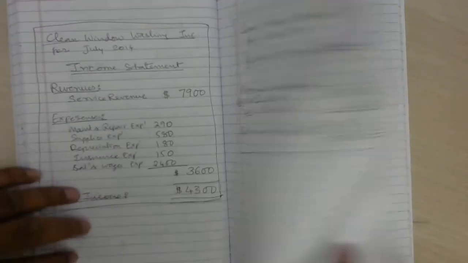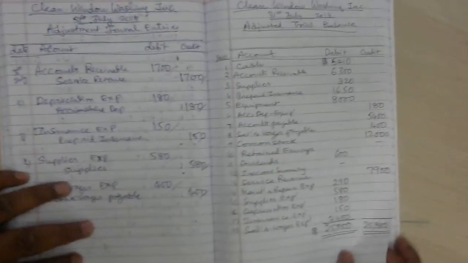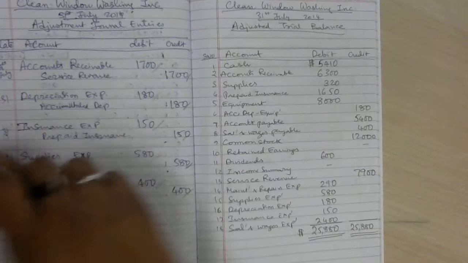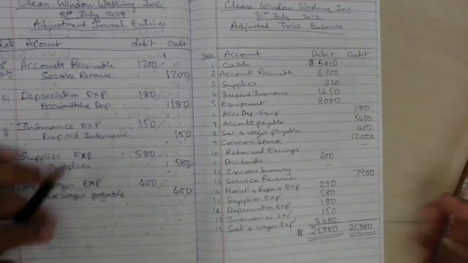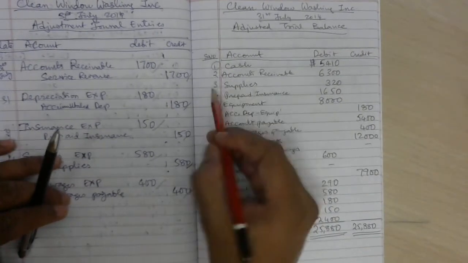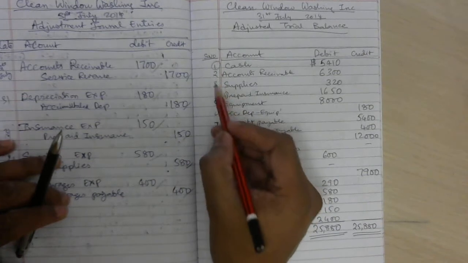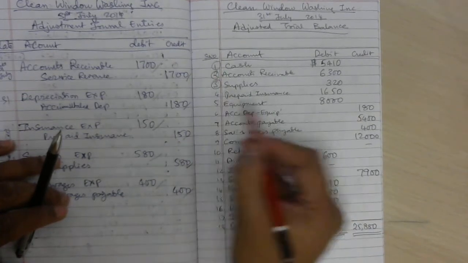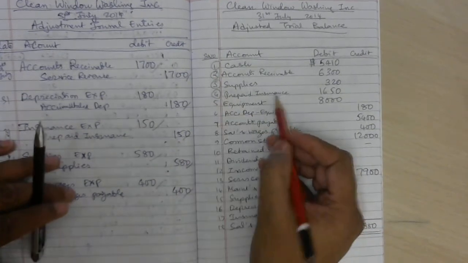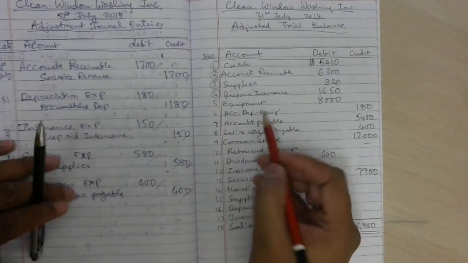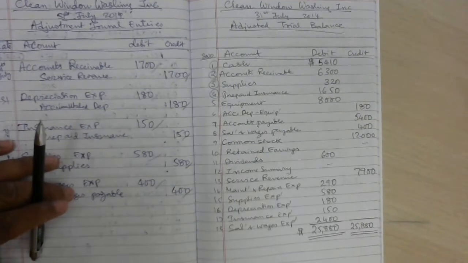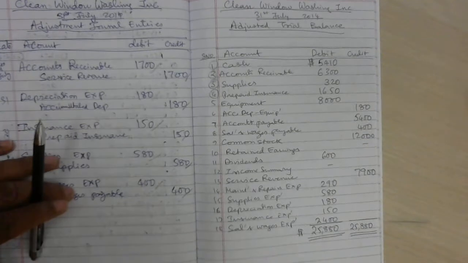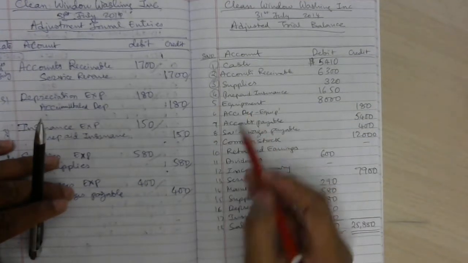So let's go back to the trial balance and see what the current assets are. Cash is a current asset, accounts receivable is a current asset, supplies is a current asset, prepaid insurance is a current asset. Now equipment and accumulated depreciation go into plant, property and equipment. So these are not current assets.